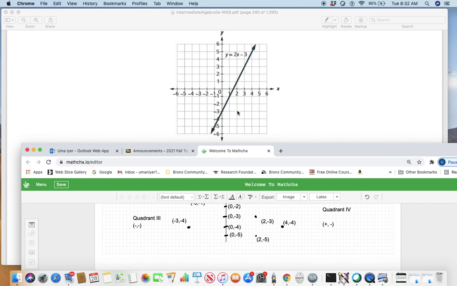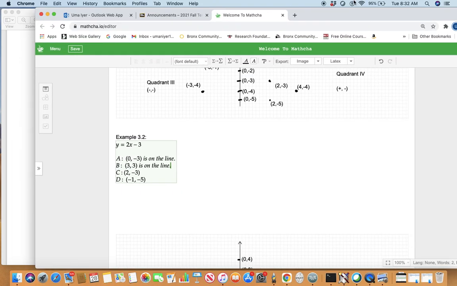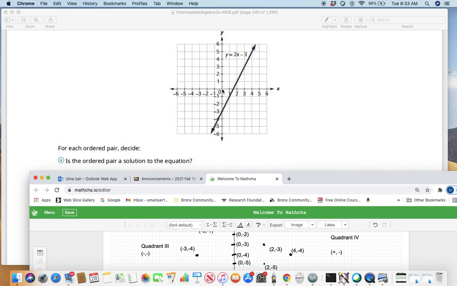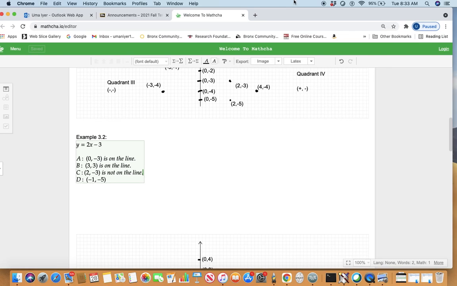That point is not on the line. What about negative 1, negative 5? Here is negative 1 and go down 5 units. That's negative 5 on the y coordinate, right? Negative 1, negative 5. It is on the line.